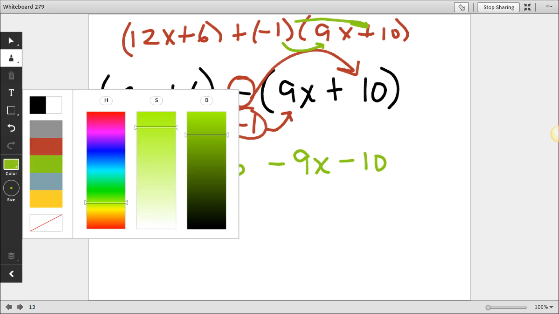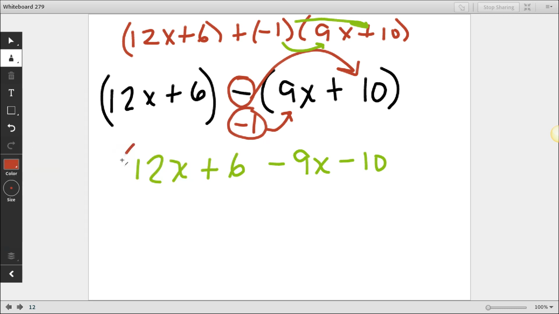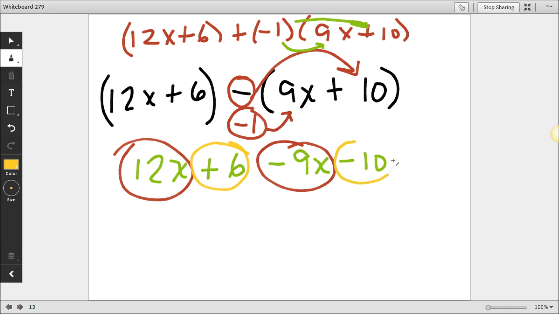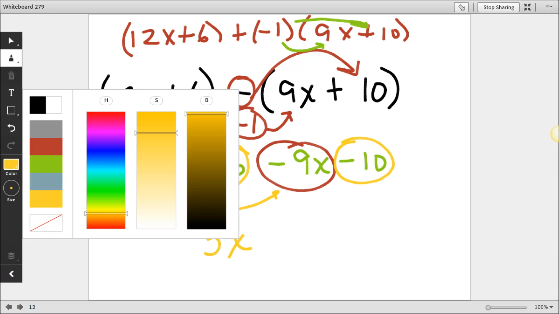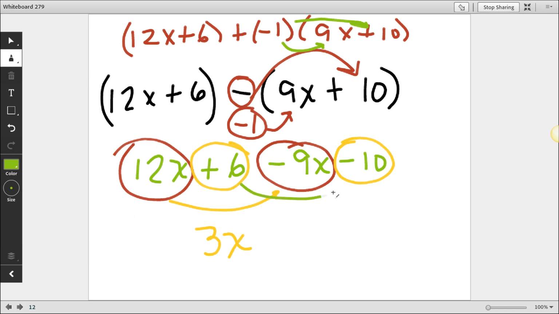Now you can line this one up like you did in the last one too, but since it's just 4 terms, it's just as easy to put them together like this. 12x minus 9x is 3x. And then positive 6 minus 10 is negative 4.